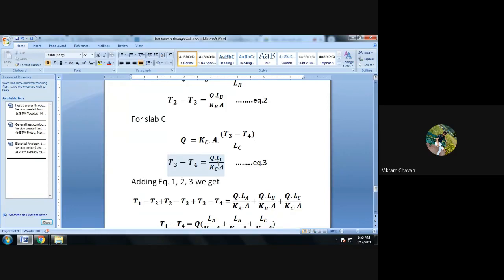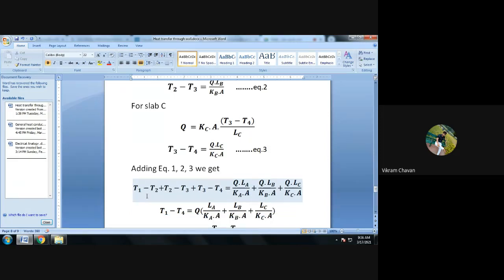From equation number 1, the temperature difference is T1 minus T2, from equation number 2, T2 minus T3, and from equation number 3, T3 minus T4.